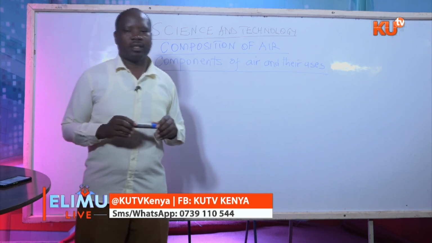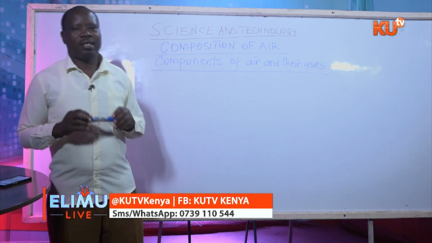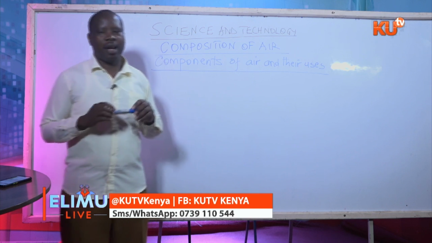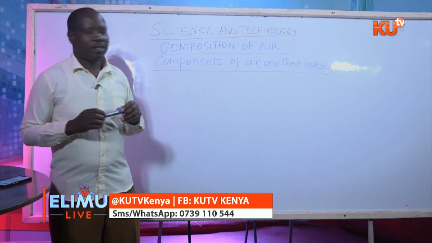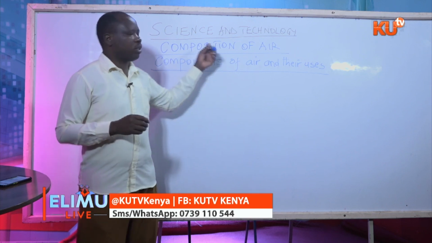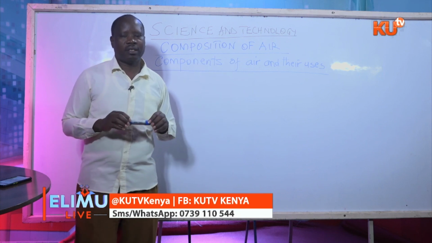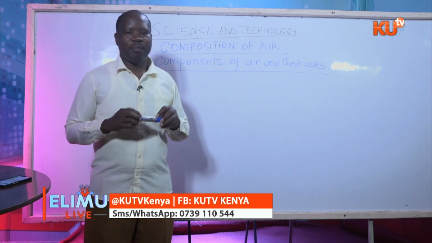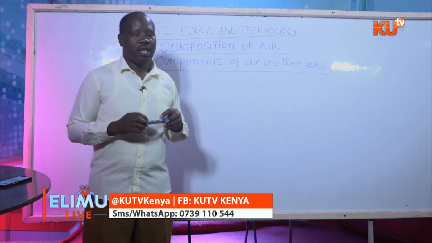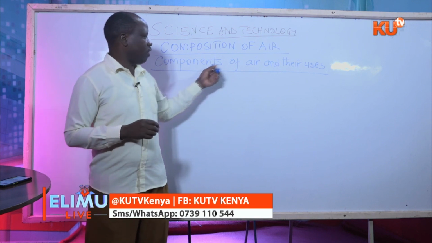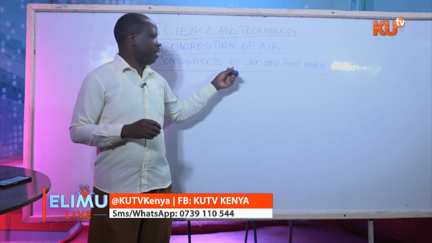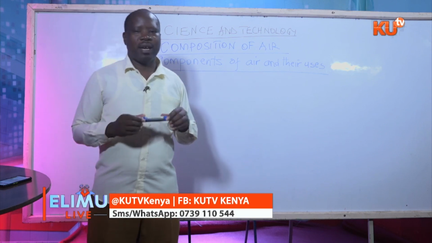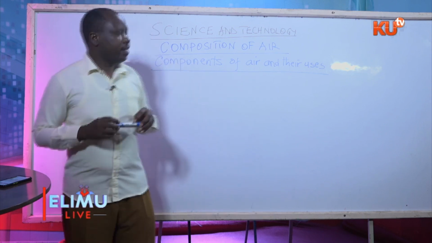The word components or composition means the things or the items that make up something. So if I talk about components of air or composition of air, it means these are the things or the items that make up air. I can give an example.